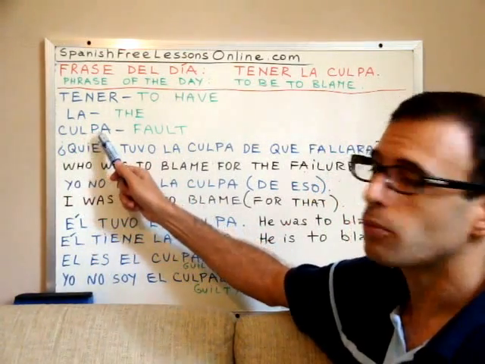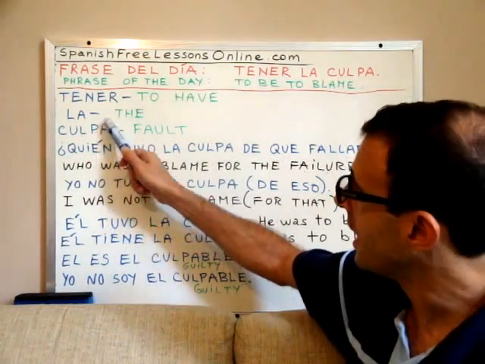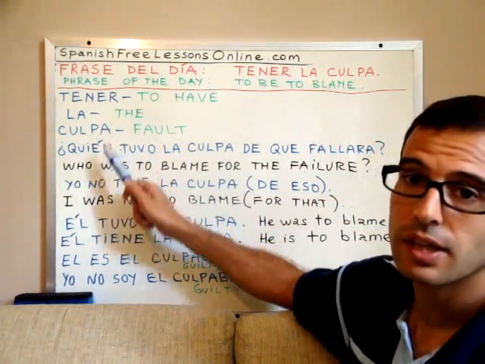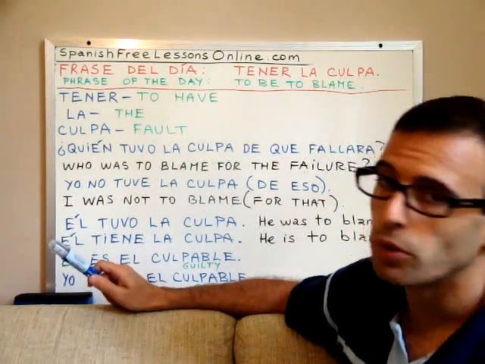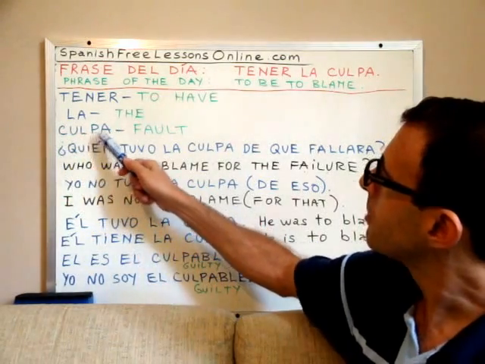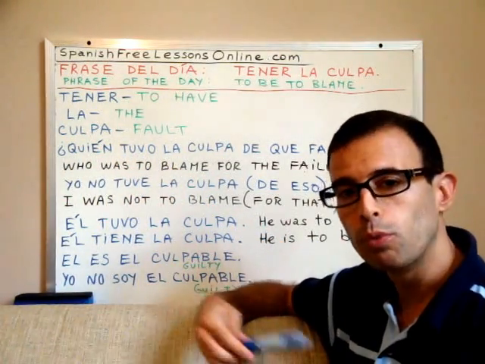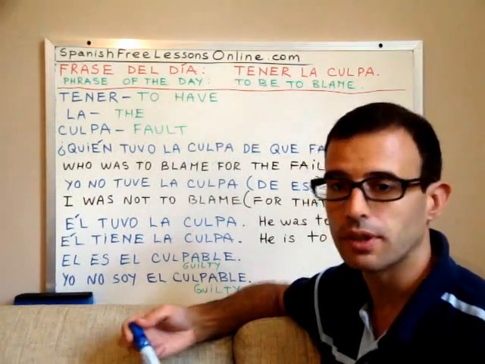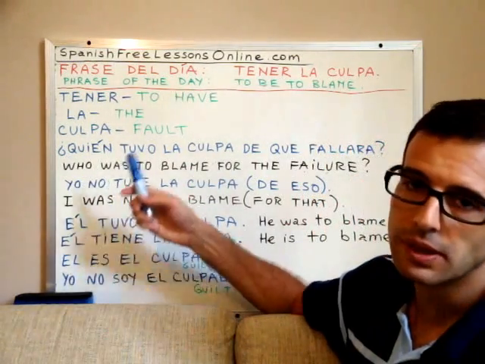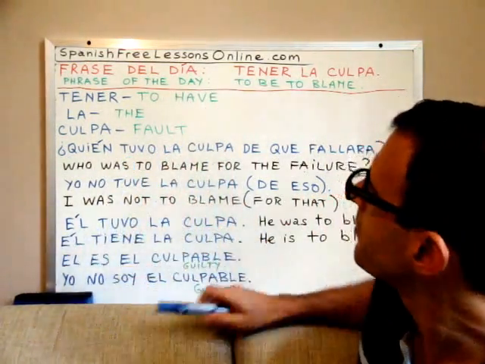And culpa, which is the feminine noun, ending in A, as any feminine word, means fault, right? Somebody that has culpa, somebody that has fault of something. So it means to be to blame.